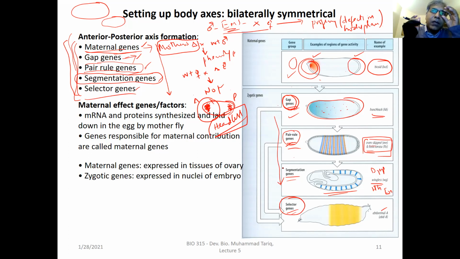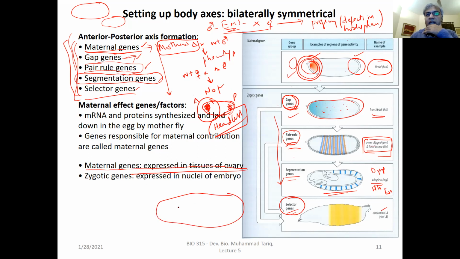As I already told you, in the oocyte you have maternal genes, and maternal genes are already expressed in the ovaries. So let me quickly explain within the ovaries. When one of these stem cells is selected, these are the primordial germ cells.